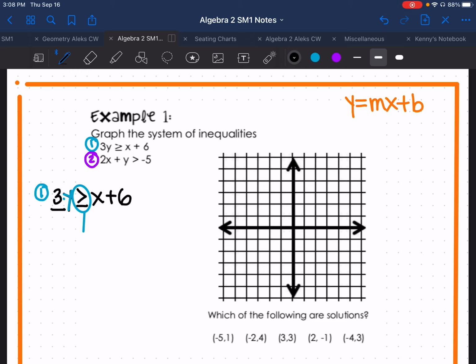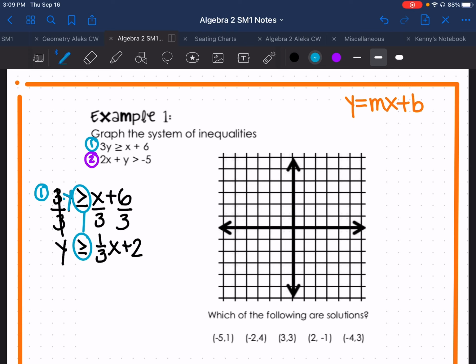We're going to go ahead and divide by a positive 3. Remember, everybody gets divided by the positive 3, which is not going to flip our sign. So y is going to say greater than or equal to 1/3 x plus 2. 6 divided by 3 is 2.